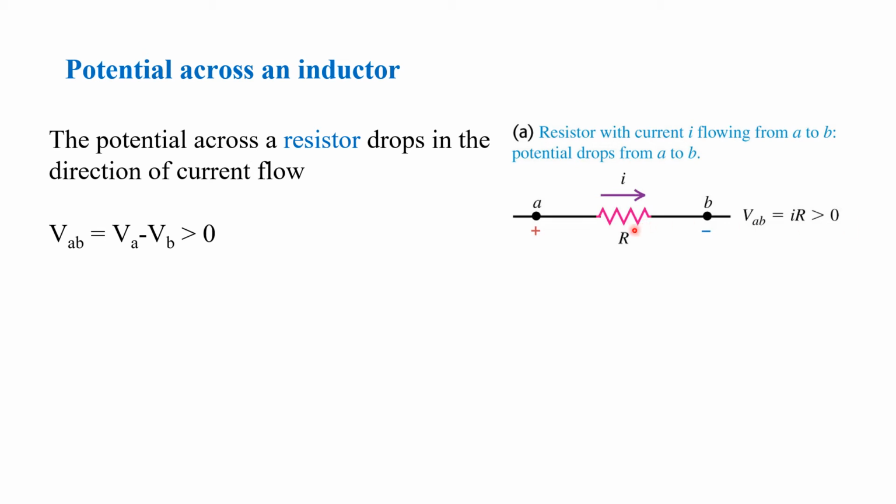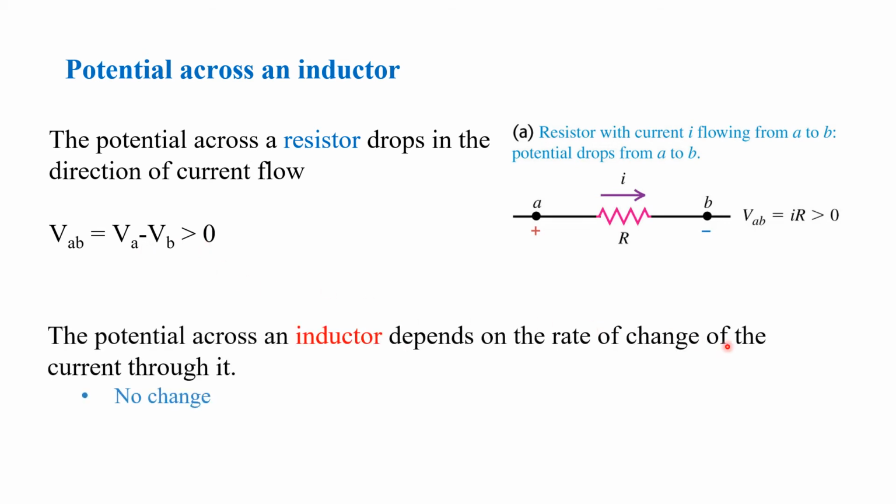If you remember, the potential across the resistor, V_AB, is equal to the current I times the resistance R. This is greater than zero if A is at higher potential than B, so the potential difference V_A minus V_B is greater than zero.